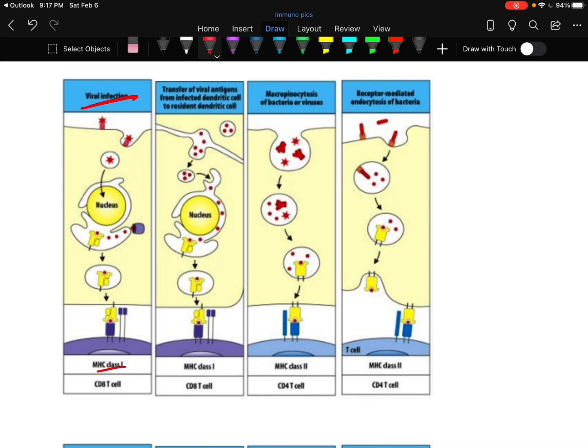And just to be clear here, MHC class 1 antigen complexes are recognized by CD8 T cells, which are cytotoxic. And then same goes here. This is just another example where an infected dendritic cell transfers its infection over to another dendritic cell, and then that gets presented onto the MHC class 1 complex, and that's another one. A cytotoxic T cell would recognize that.